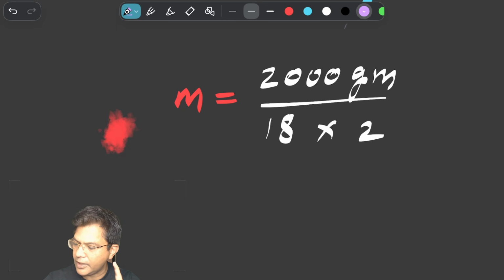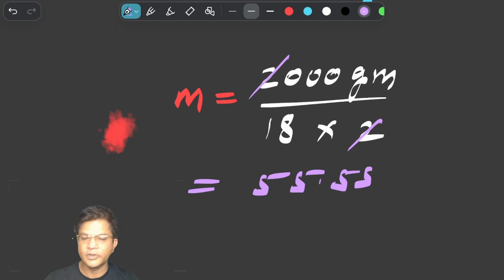So 2 and 2 will cancel out once again, and you will get 55.55. This is your numerical value. Whenever 55.55 is coming, that means molarity, moles per liter. Moles will change, but molarity will remain the same, 55.55.